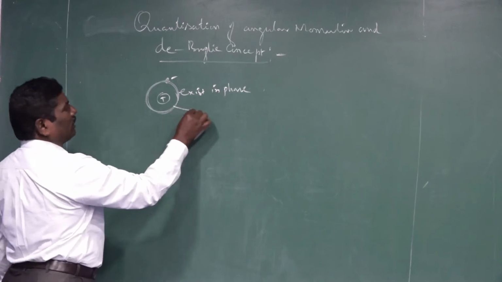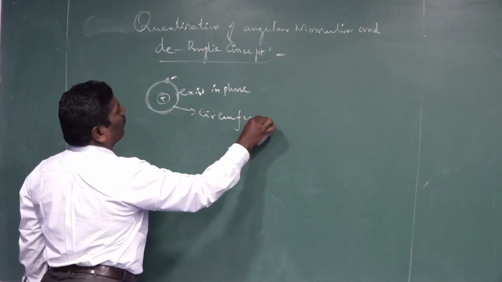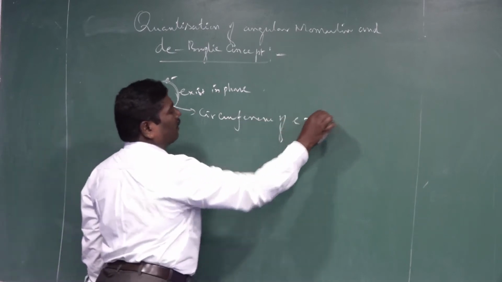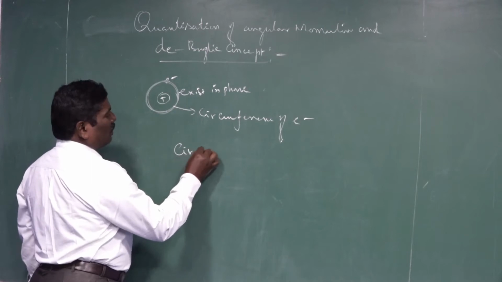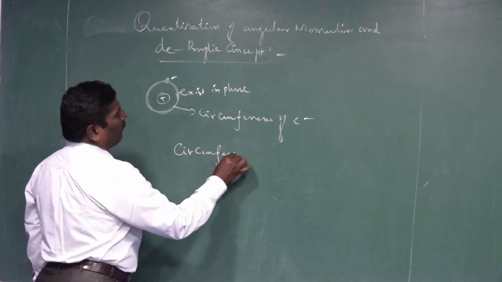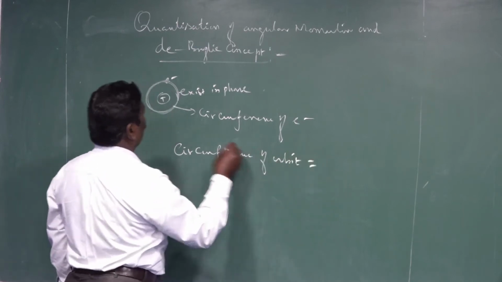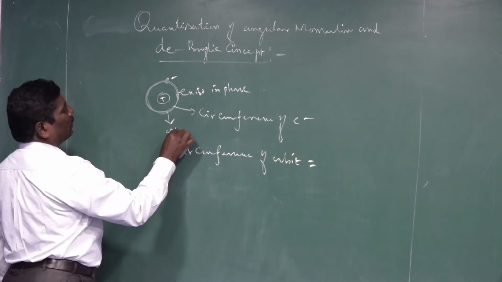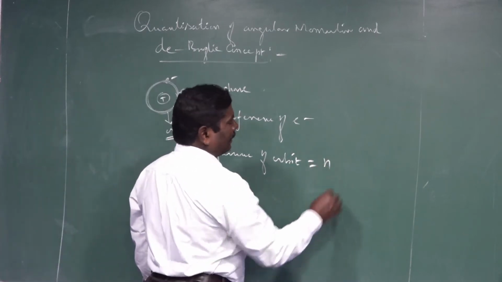So we can calculate the circumference of the orbit. This is an orbit. The circumference of the orbit is equal to n lambda.